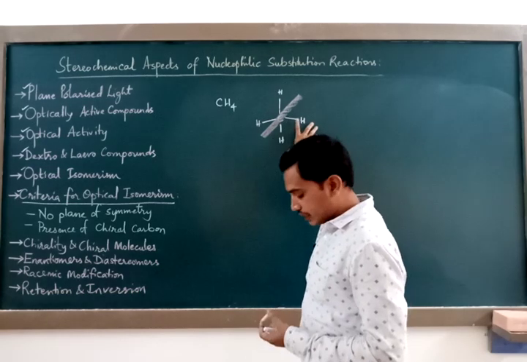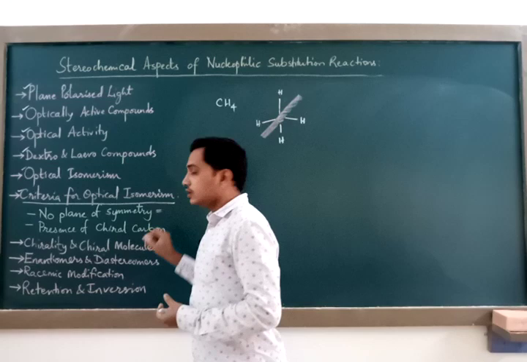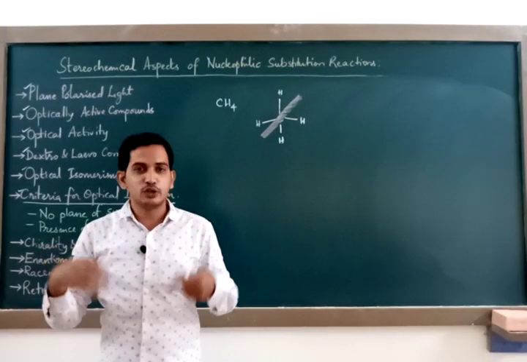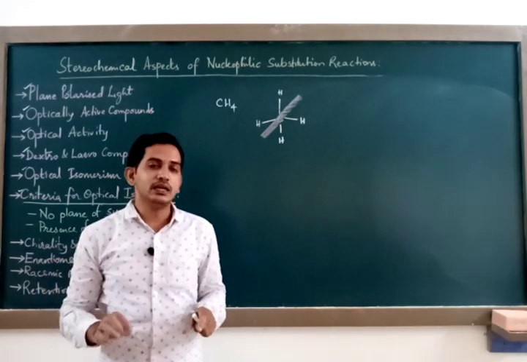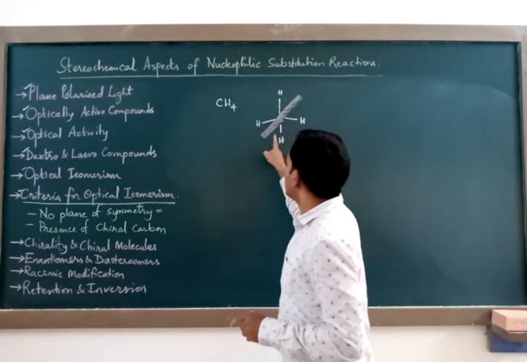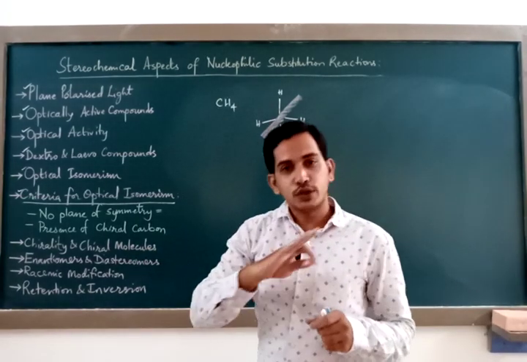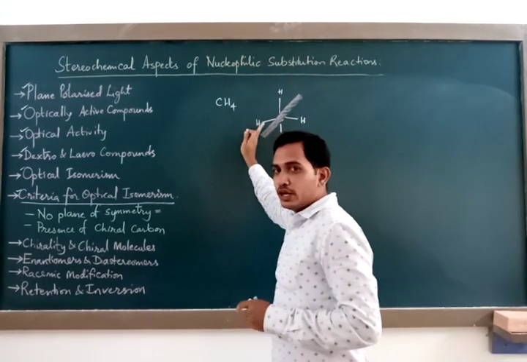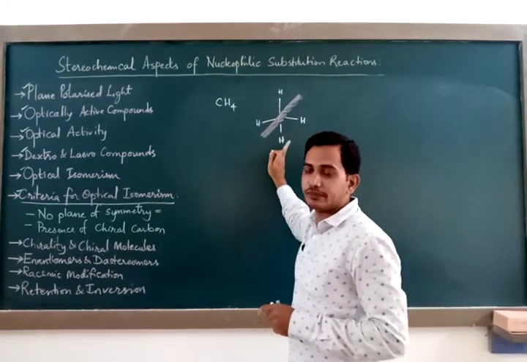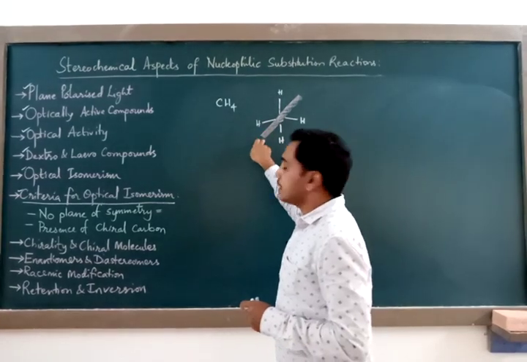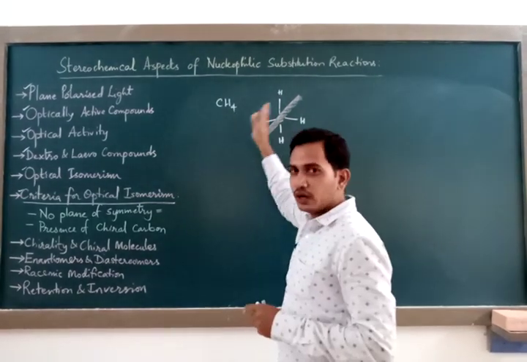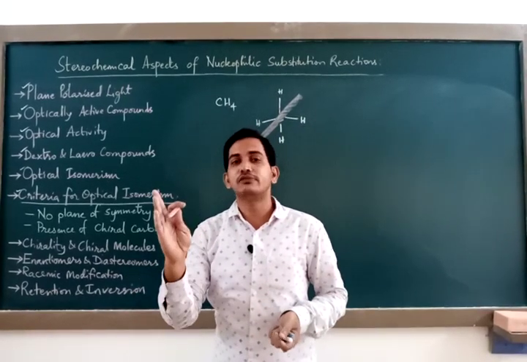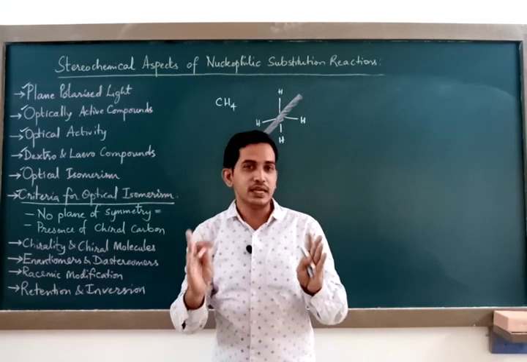So what is plane of symmetry? Plane of symmetry is an imaginary plane. It does not exist, but we have to imagine it. It is an imaginary plane which, when passed through a molecule, should cut the molecule into two equal halves, so that one half of the molecule becomes the mirror image of the other half.